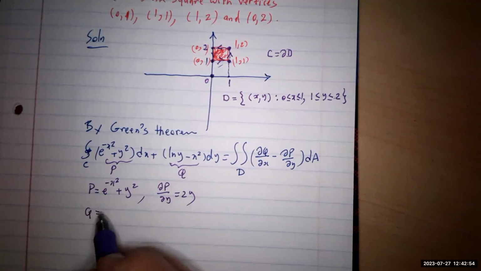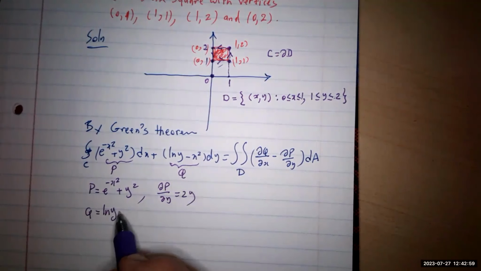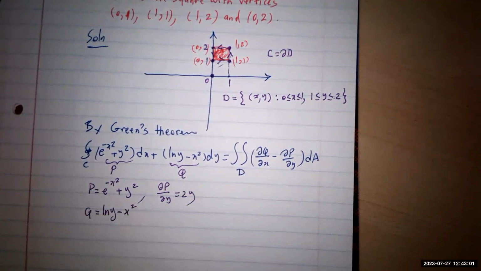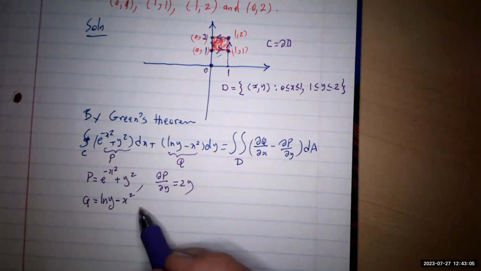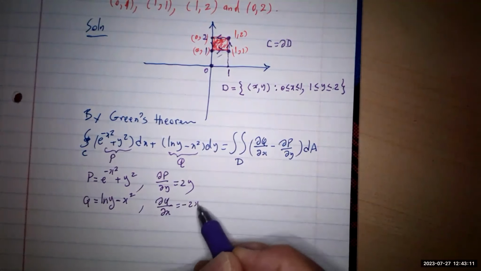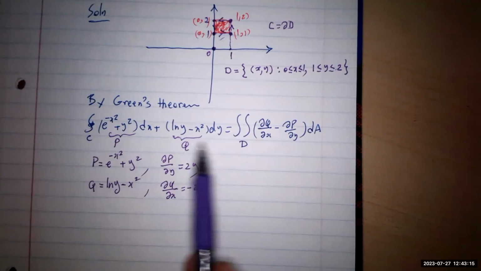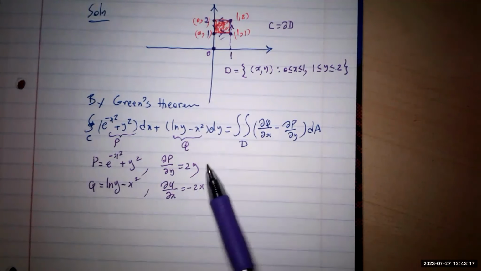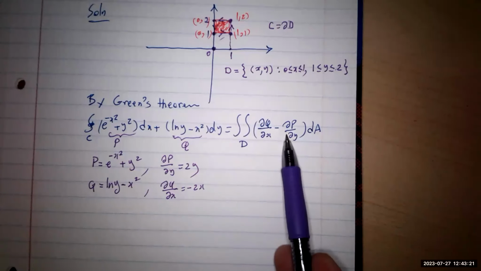Your q is ln y minus x squared. You see the part that you were worrying about would disappear. So round q round x is simply negative 2x. So you're integrating the difference. The difference is going to be negative 2x minus negative 2y.